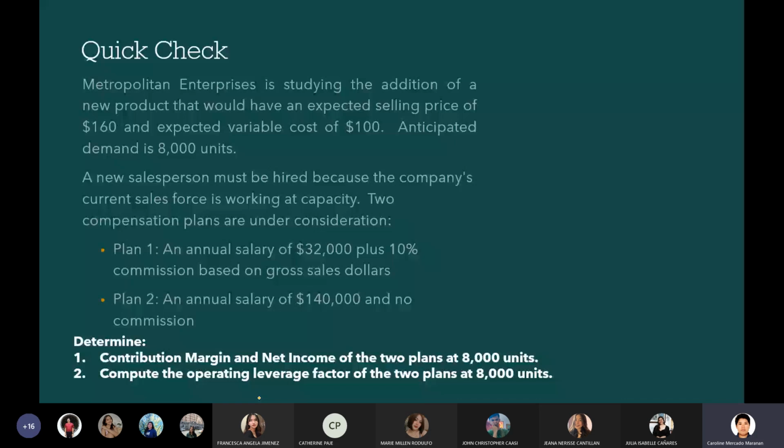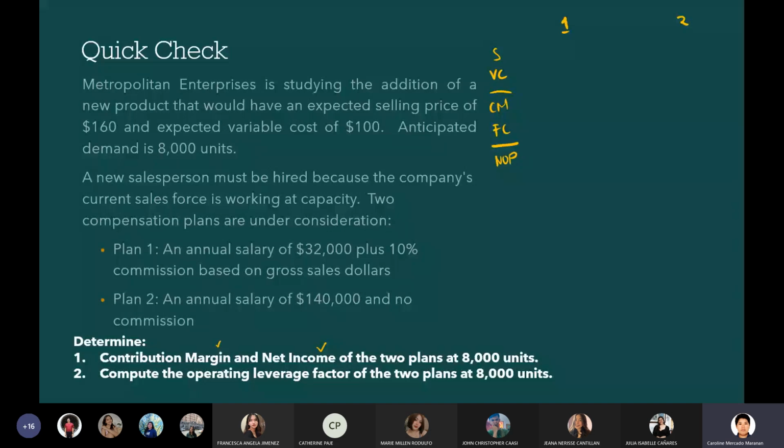So, ibig sabihin, gumawa ka ng FS for 2 plans. Para mas madali, gawin mo sa table form. You have plan 1 and plan 2, meron ka ditong sales, variable cost, CM, fixed cost, and then net operating profit.